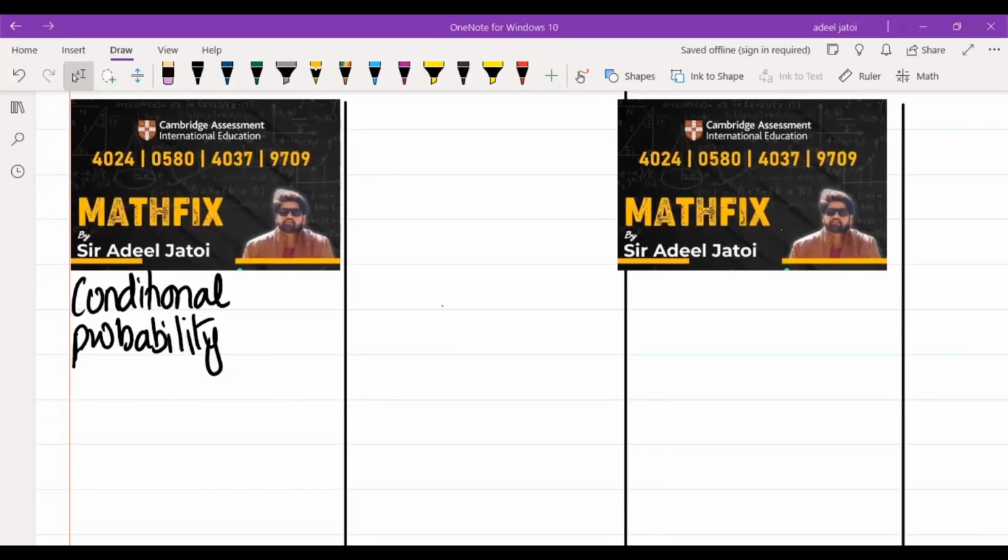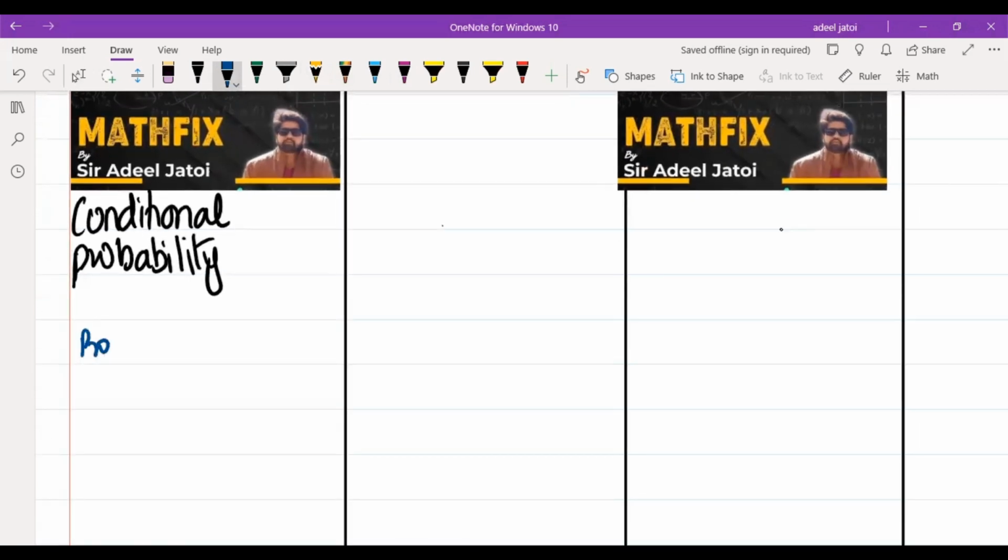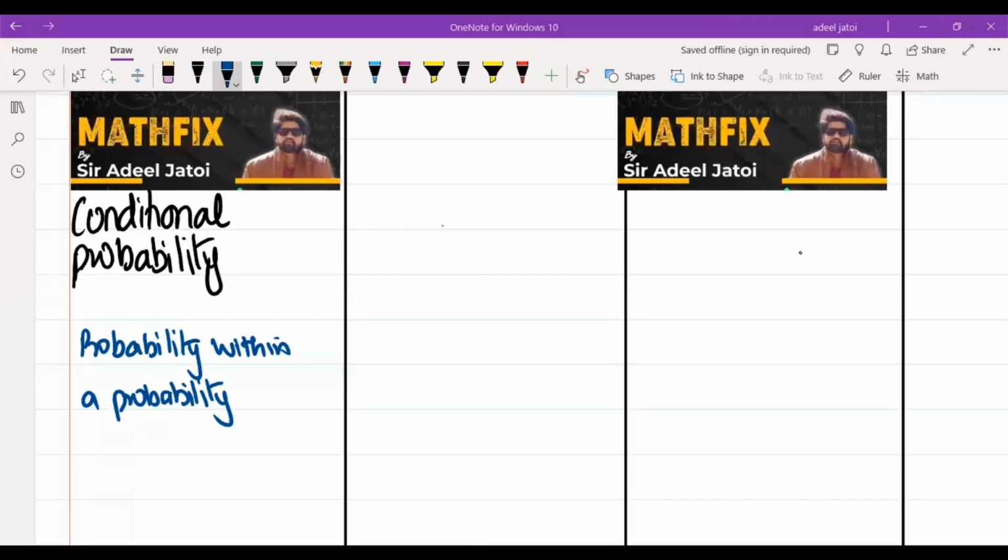Okay, conditional probability. Now, in easier words, what is conditional probability? Probability within a probability. As I said, the conditional probability is probability within a probability.